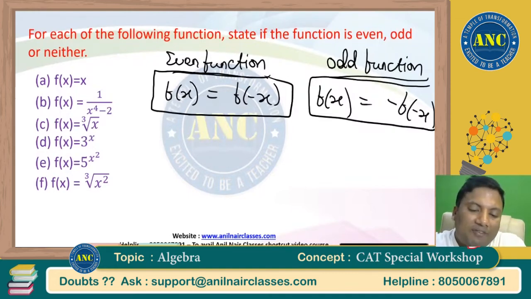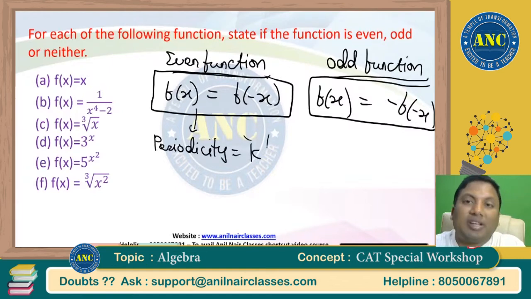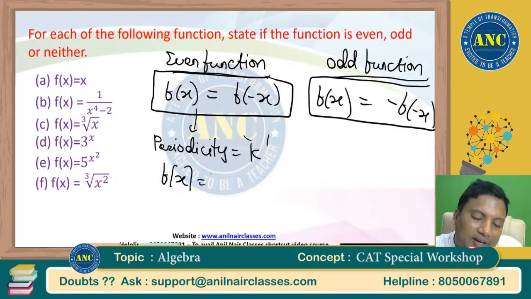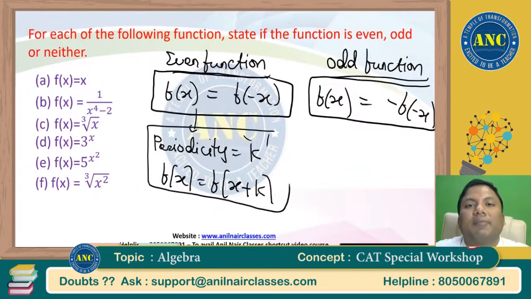If an even function has a periodicity k, that means after k steps the function value will be the same, then you can write it as f of x equals f of x plus k. Please write this down: if for the even function, after a few steps, say after 5 steps the f6 value is the same, you can write f of x equals f of x plus k.